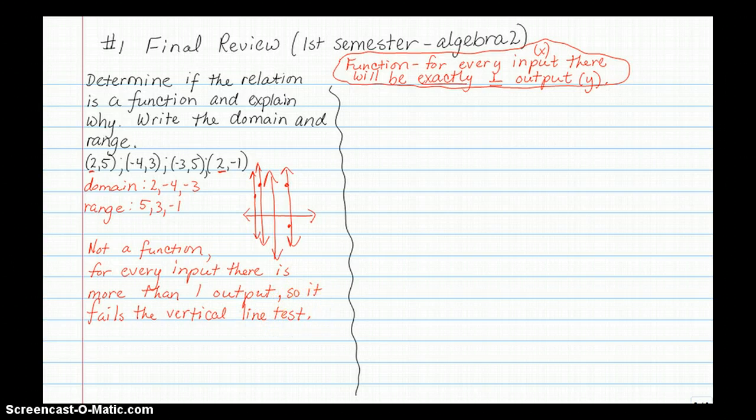And where you're seeing it is 2, the x value 2 has 2 outputs, 5 and negative 1.